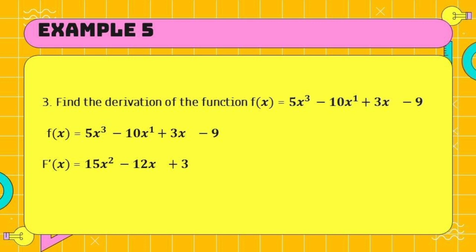The answer is f(x) equals 5x^3 minus 10x^1 plus 3x minus 9. So the derivation is f'(x) equals 15x^2 minus 12x plus 3.